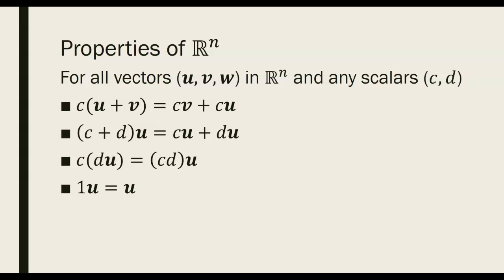Now I know what you're going to ask, and I'll get to that in just a moment. But for the last point that I want to make, just to notify you of properties of vectors times scalars: if you multiply 1 times any vector, you get that vector back. So 1 times anything is itself.